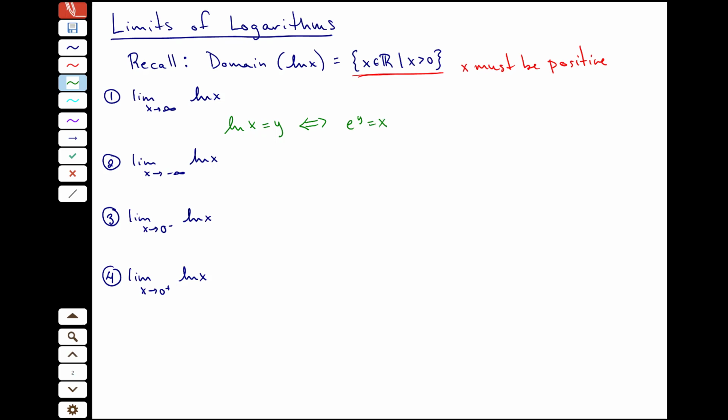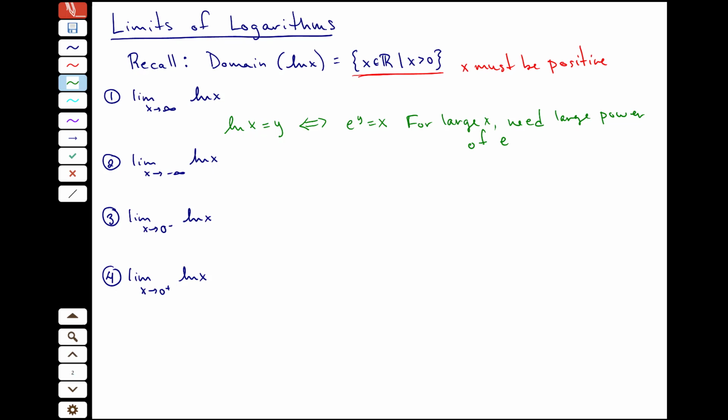So we think to ourselves, for a large x, you need a large y. You need a large exponent of e if you're going to get a big x. So I need a large power of e.